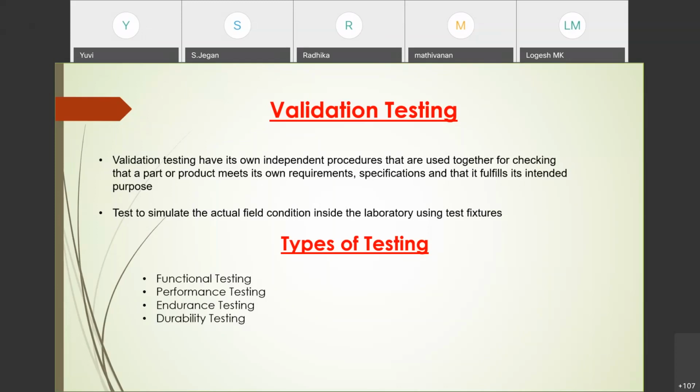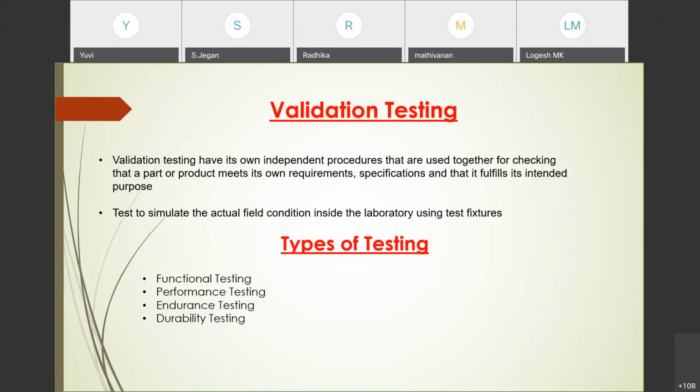There are two departments basically involved in validation testing. One is field validation, the other one is part validation. What is field validation? The role of field validation is to collect the real-time data in the field, and using those data, they will do the analysis. What part validation will do is get the real-time data from field validation.